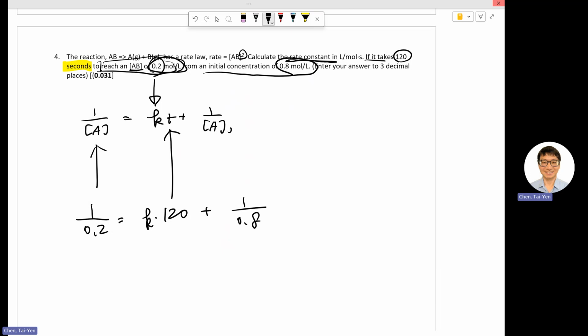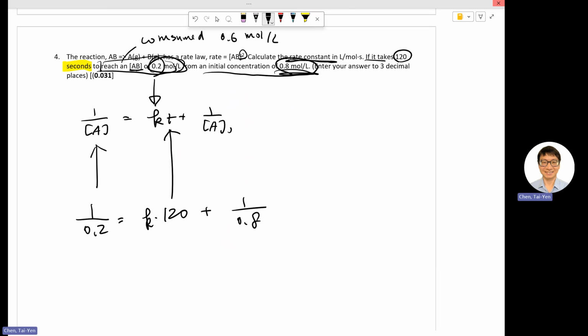The other way they can describe it is to say they have consumed 0.6 molarity of your AB when they start from 0.8 molar.